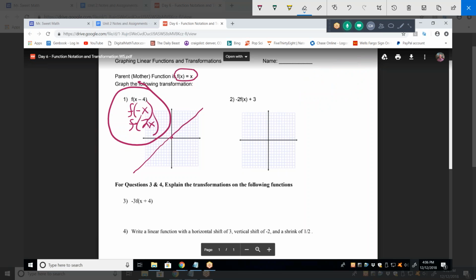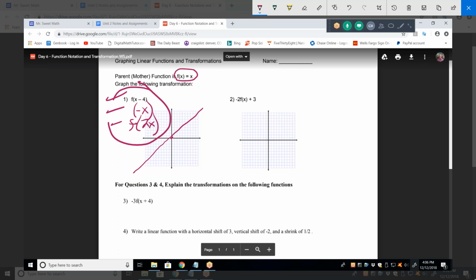You can shift it left or right, you can shrink or stretch it left or right, or you can reflect it. This is a reflection. That is a linear shift, and that is a horizontal shrink. So we're dealing with the linear shift.